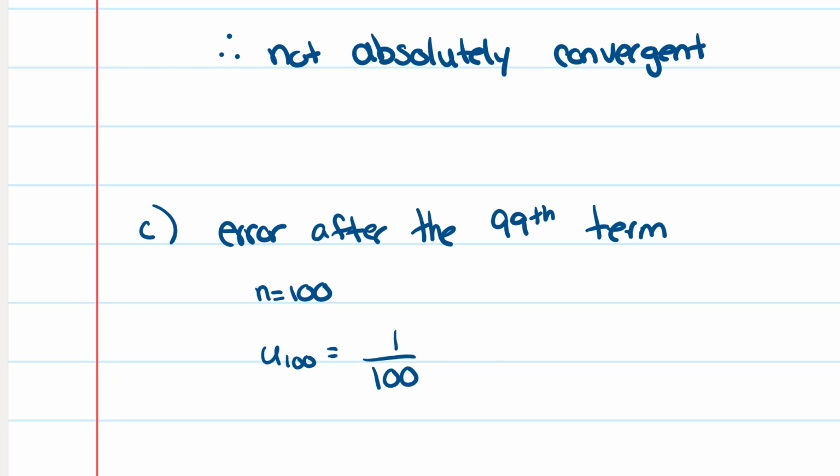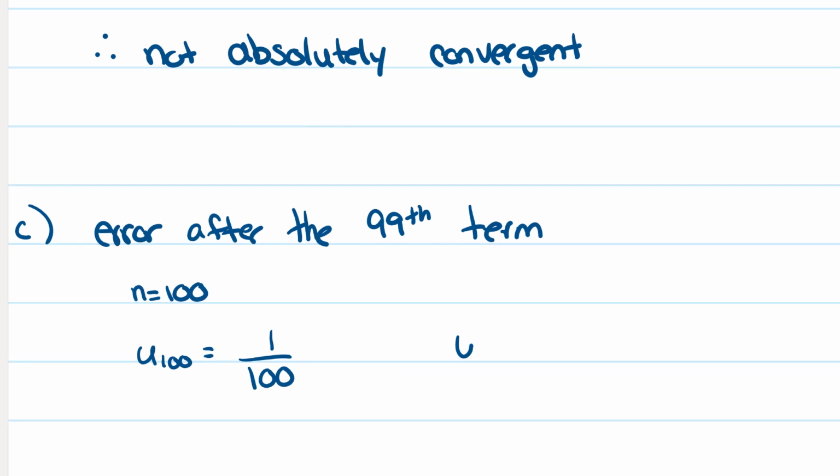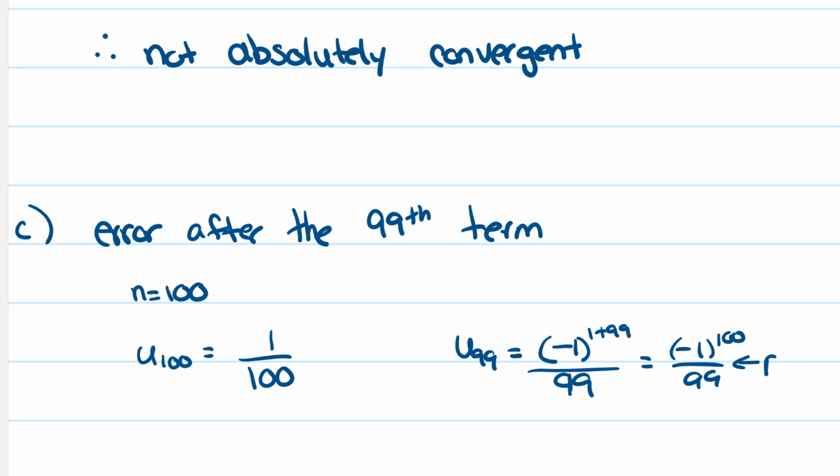And then to determine if it's positive or negative, all I do is look at the 99th term. So u sub 99 is going to be -1 to the 1 plus 99 over 99. So this is -1 to the 100 over 99, which is positive.